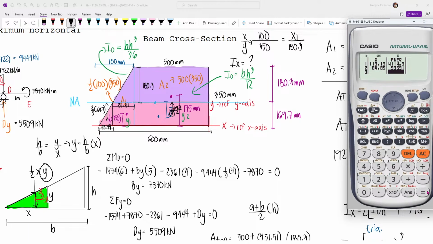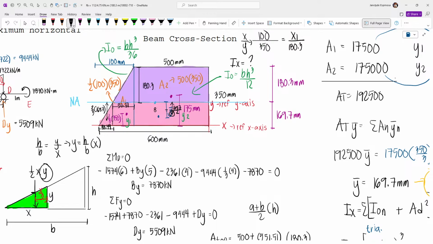Ana. Now, again, AC, and then shift stat variance ari ka sa barred X to get the kaning barred Y.